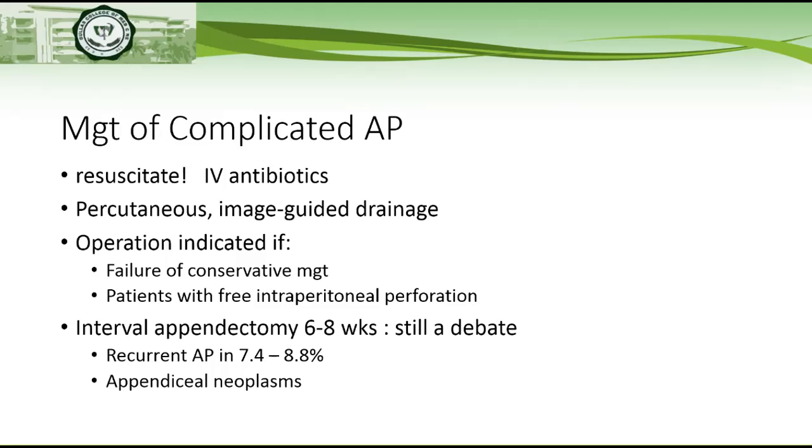Percutaneous image-guided drainage can be done. Operation is indicated if there's failure of conservative management and in patients with free intraperitoneal perforation. So you do interval appendectomy at 6 to 8 weeks. This is still a debate because there's recurrent AP in up to 8.8% of cases, and you sometimes have appendiceal neoplasms.